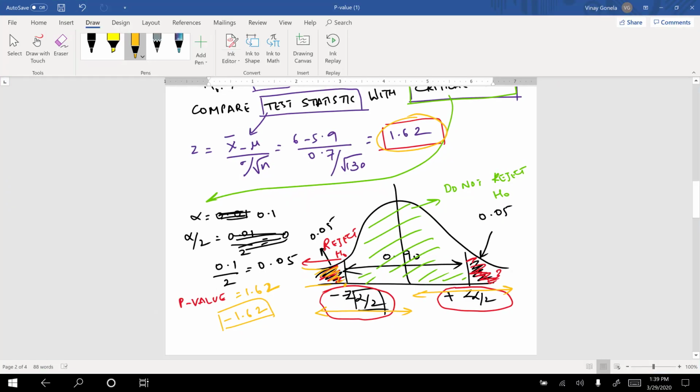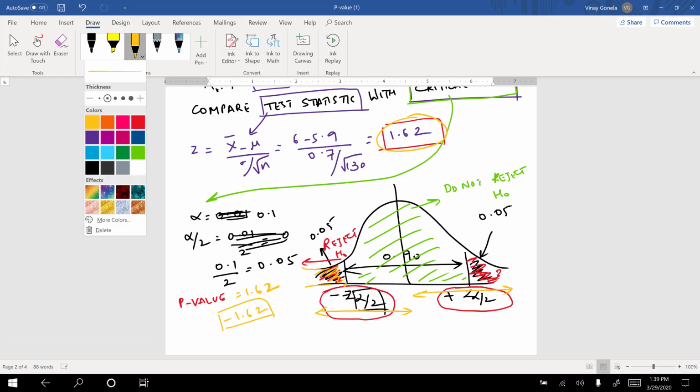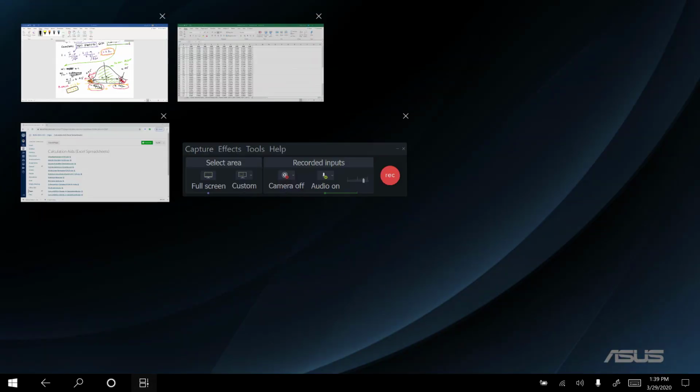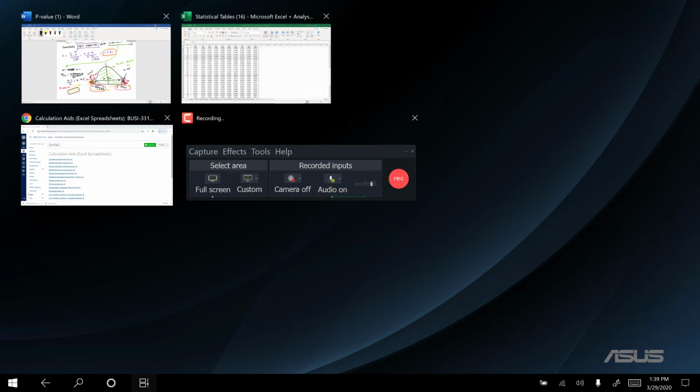So I'm looking for maybe negative 1.62. So let's see what is negative 1.62.